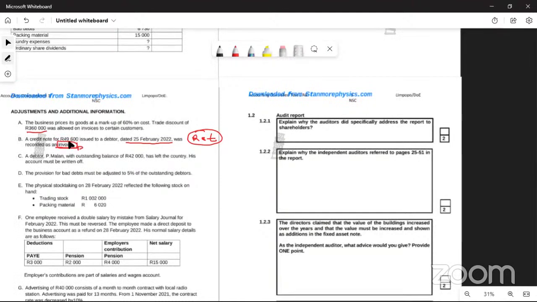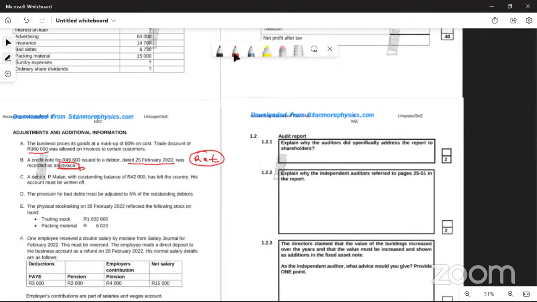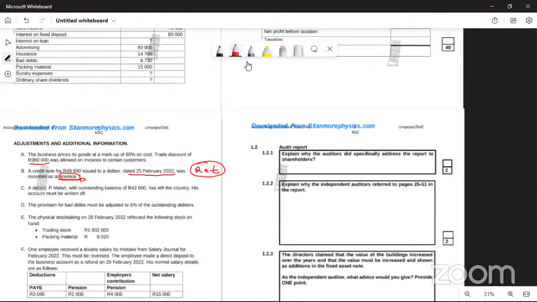But instead of subtracting the 49,600, we added the 49,600. I'm not sure whether it's making sense. So that means to correct this error, firstly, we'll have to subtract. I will show it here. I'm sorry, the connection is a little bit slow. So first we'll have to subtract the 49,600 that we added on our sales.